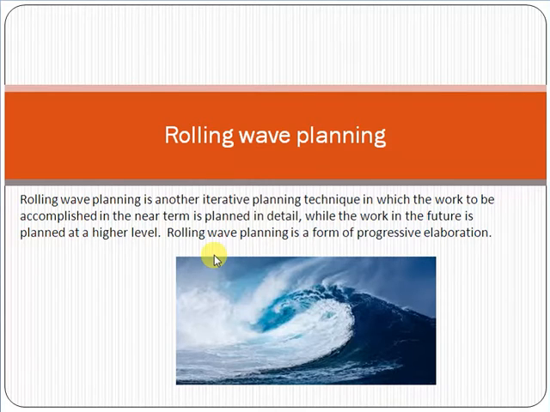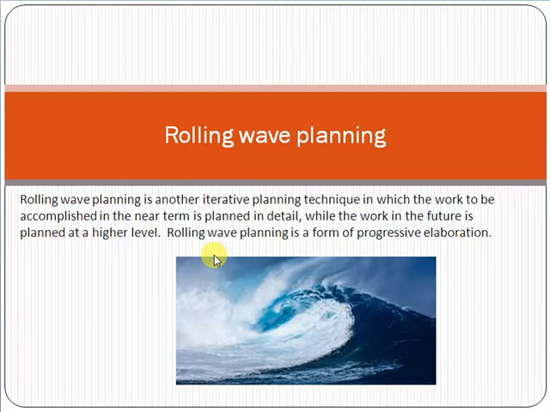First of all, progressive elaboration means that whenever we are implementing projects, when we start a project, we have very little information about what things need to be done, what the scope is, what the issues and risks are.